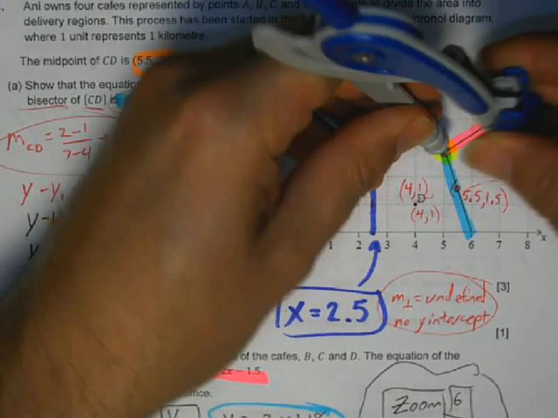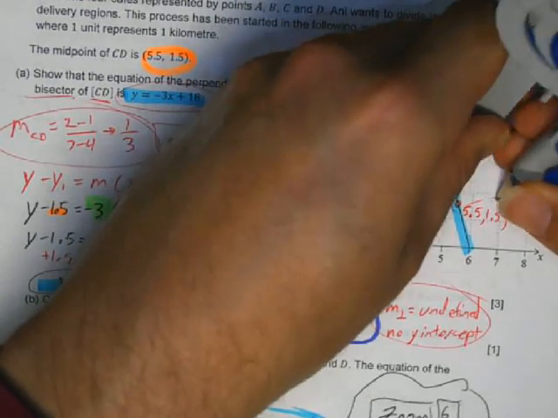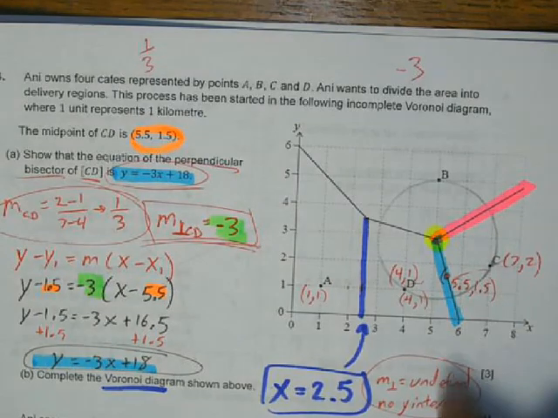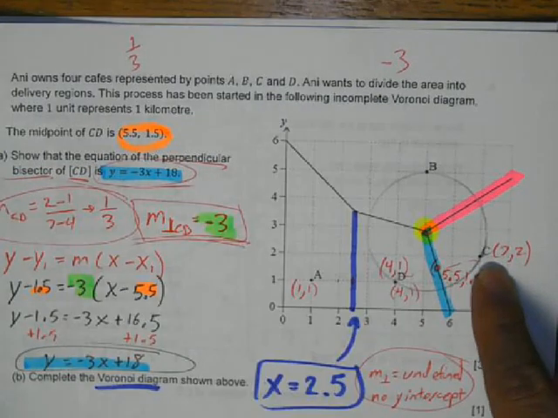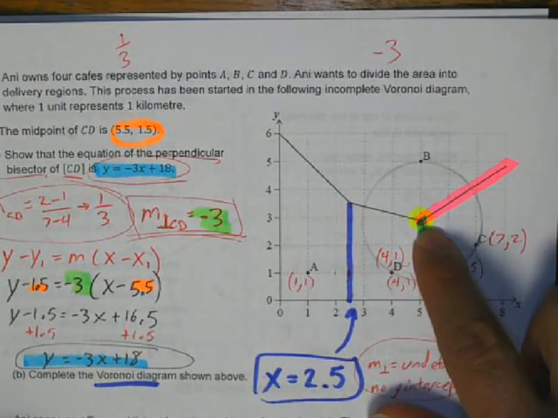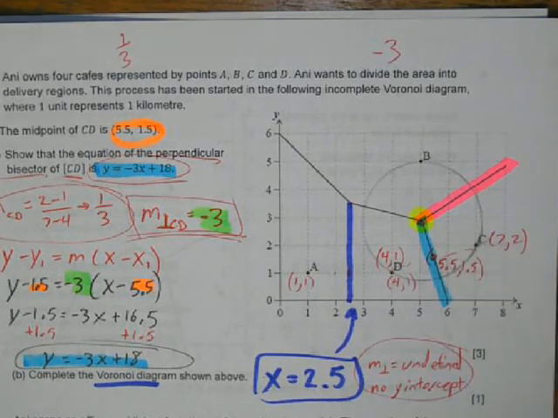You don't necessarily need to draw the circle, but I'm doing it just because I love circles. If you look here, the circle goes through D, C, and B. I could figure out the distance from this new office to any of those points.